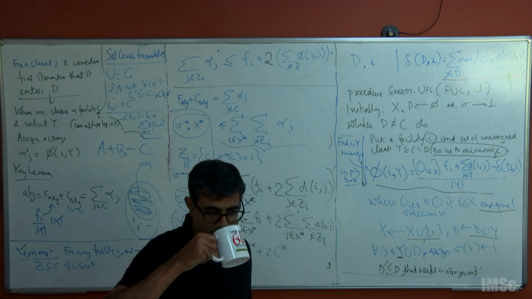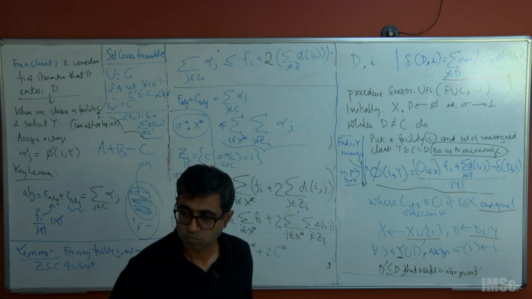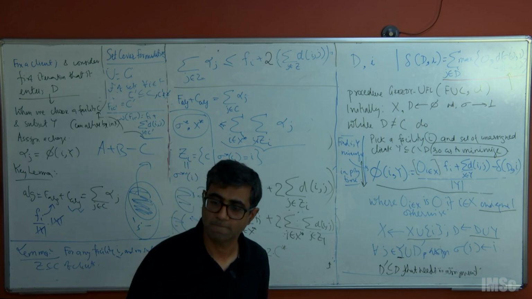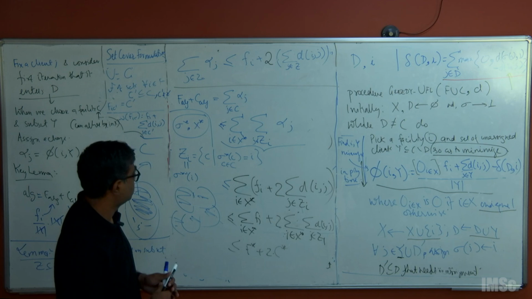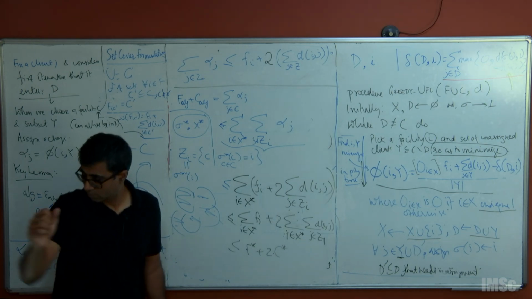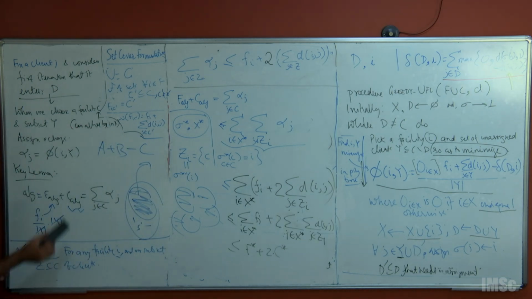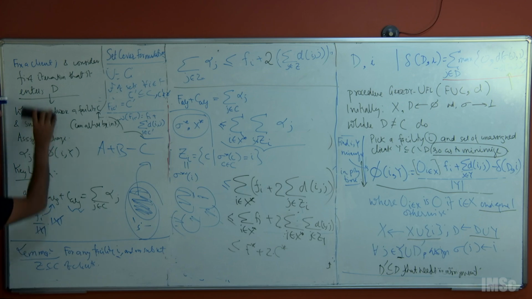I am not going to repeat it again. I have told you what charges are and how they are defined, so now all I care about is proving this lemma, that the sum of the charges is not too much more than the cost of the set.